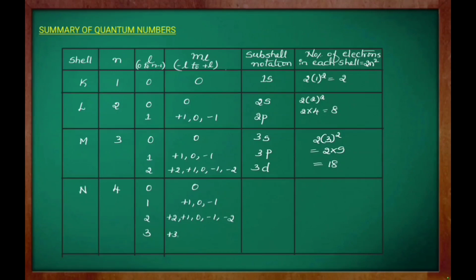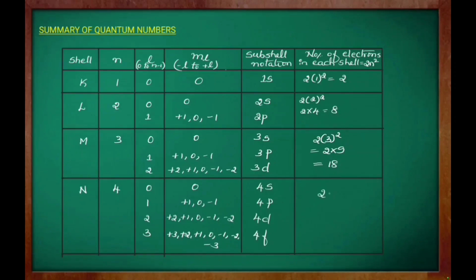For 3 it's plus 3, plus 2, plus 1, 0, minus 1, minus 2, minus 3. L value corresponding to 0 is s, for 1 it is p, for 2 it is d and for 3 it is f. So these subshells are belonging to the shell number 4. So it is 4s, 4p, 4d and 4f.